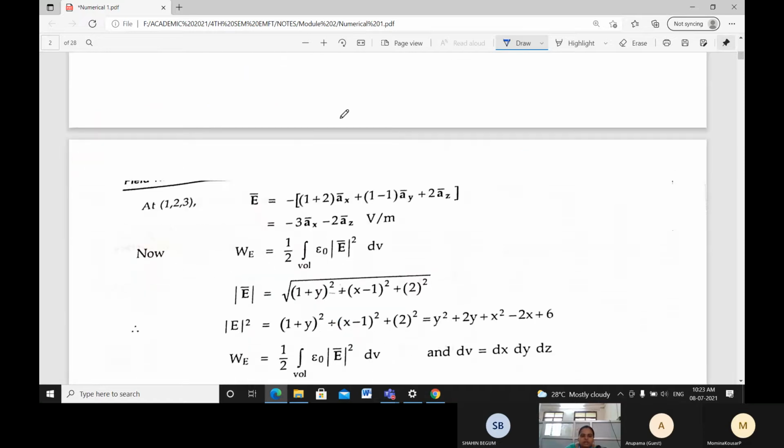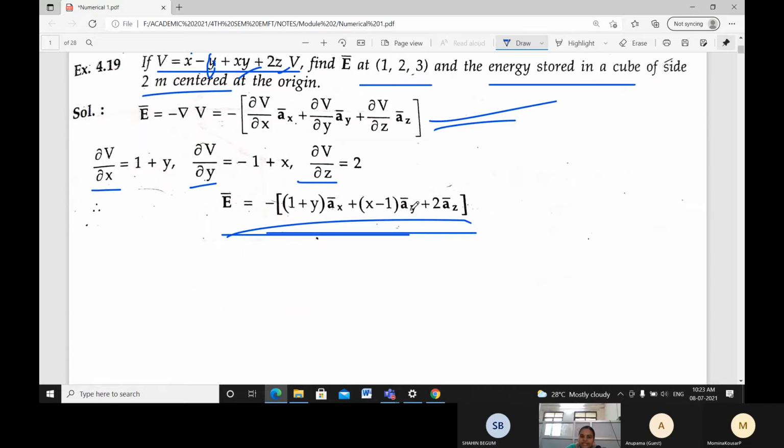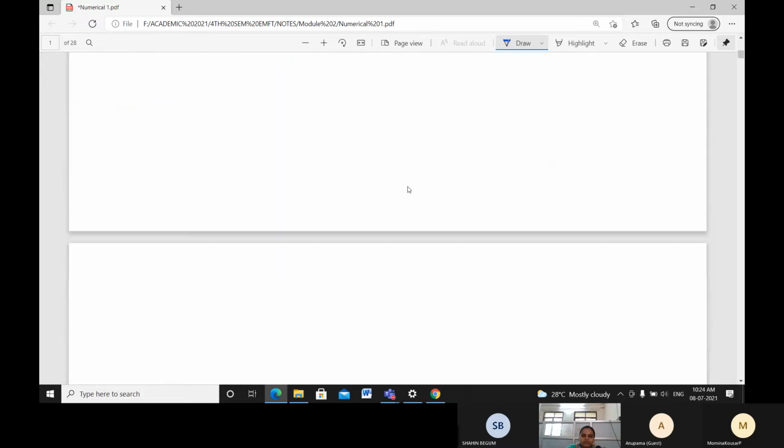Next, at the point given for us, after getting the equation after differentiation, you have to substitute x, y, and z: x is 1, y is 2, and z is 3.